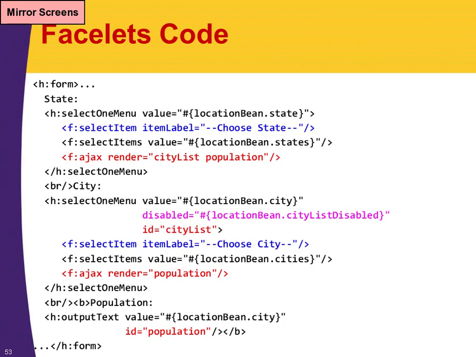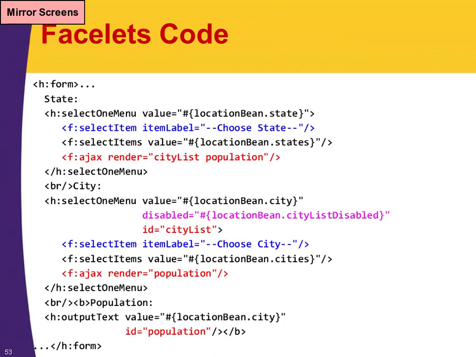Then that's the first menu, and then there's the city menu, which is of course based upon the state menu. Now if you think about this, you don't want them picking city values if they haven't picked the state value. So basically what you do is you start out with the city being disabled, or grayed out. The way that you do that is by using the disabled attribute.